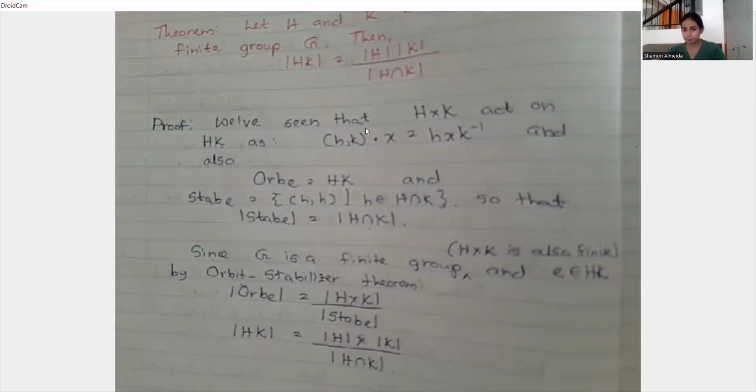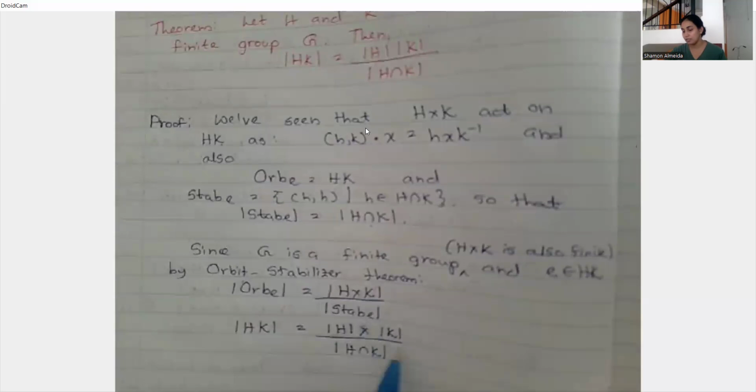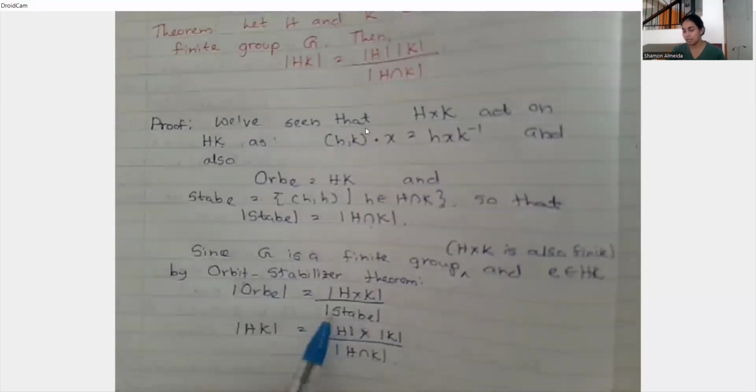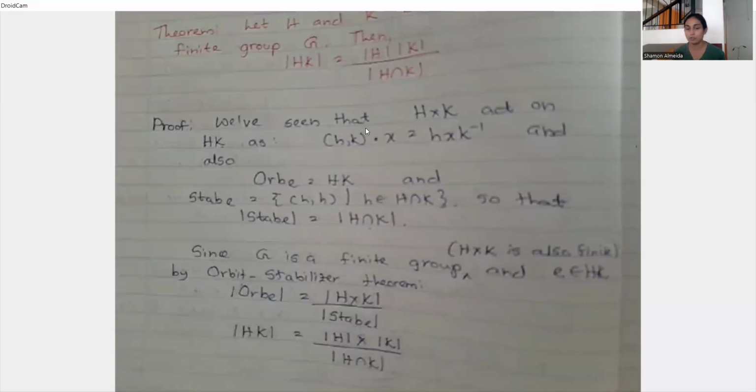From the previous statements, we see that there is only one orbit under this group action, so the number of elements in that orbit is the same as the number of elements in the set. Using the orbit stabilizer theorem, we get the result. Not only that, we proved early on that the number of elements in the stabilizer is the same as the number of elements in the intersection of the two sets.